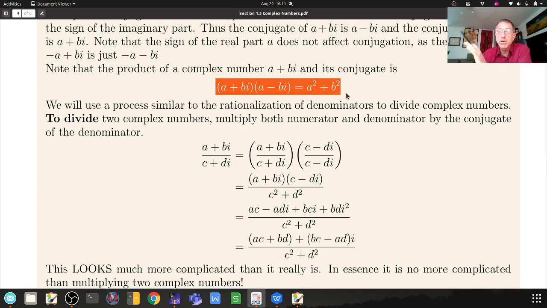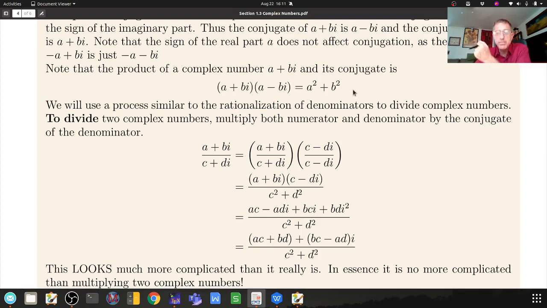It only works if you actually have two complex numbers being multiplied together which are conjugates of each other. So remember, the a values have to be identical, and the imaginary part has to differ in sign. If this was a plus bi times minus a minus bi, then the formula wouldn't work.